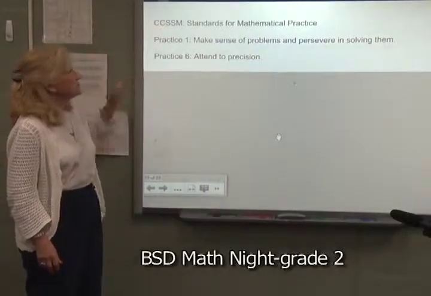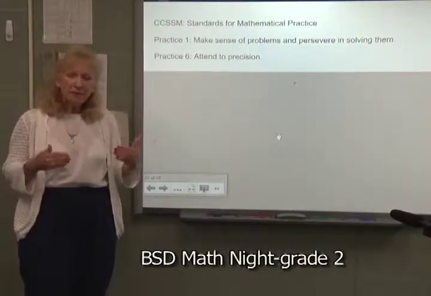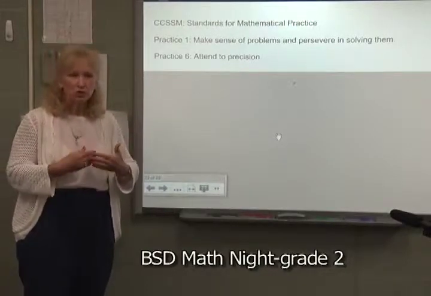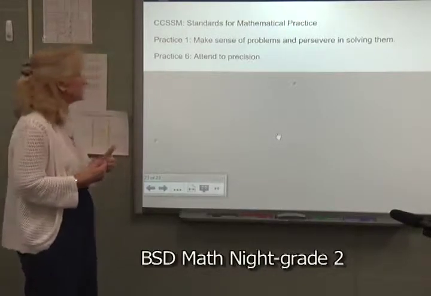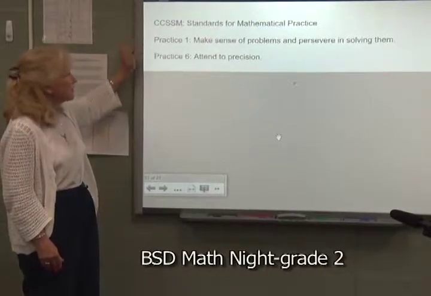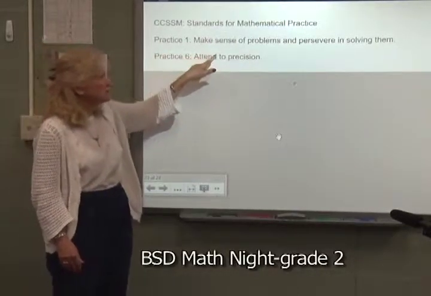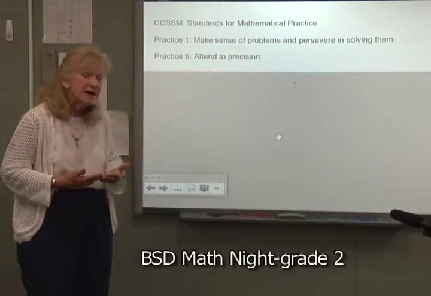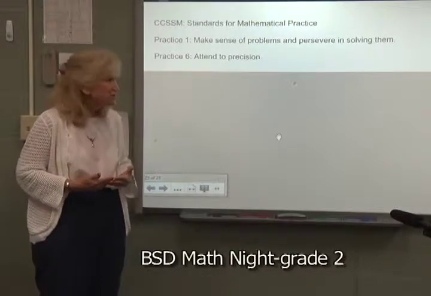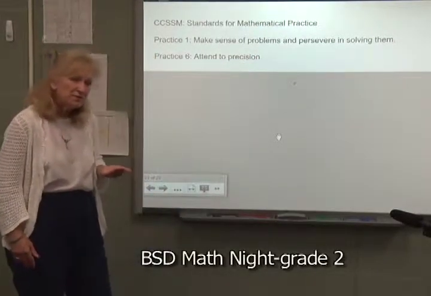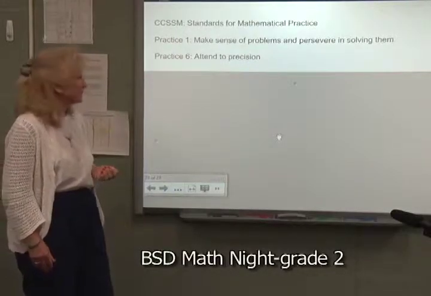Common Core State Standards for Math. There are 8 math practice standards, generalizations that we want as good mathematics strategies. The 2 in our supervisory union that we're focused on, practice number 1, to make sense of problems, understand what's happening in the problem, not relying on key words, and then persevere, push through to a solution.